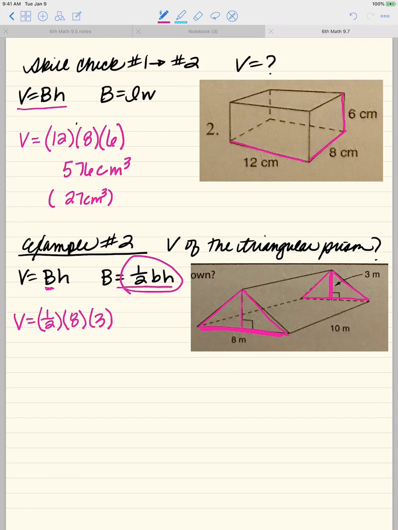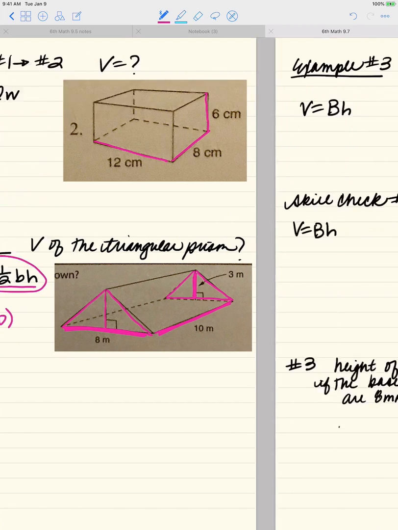And then we multiply that by our height here, by 10. So 1/2 times 8 times 3 times 10 gives us 120 meters cubed.